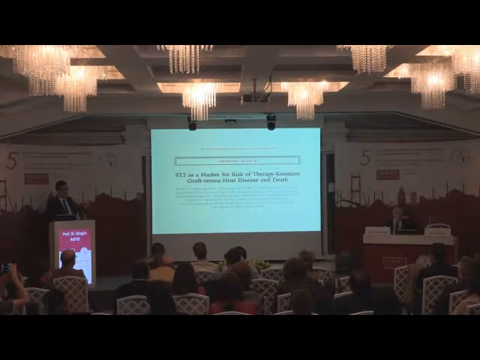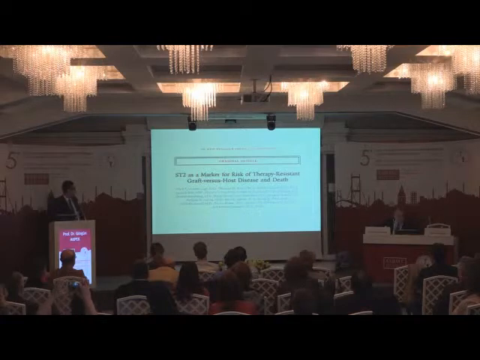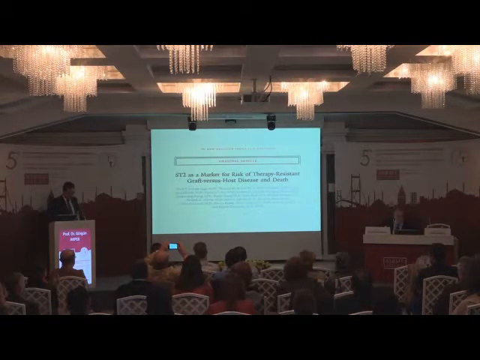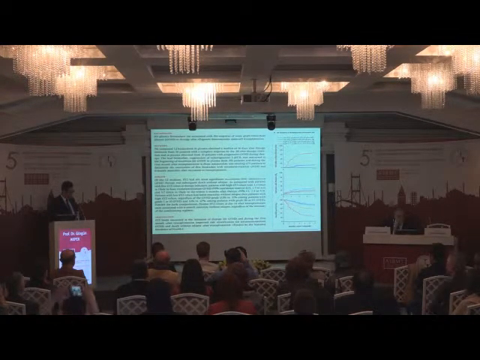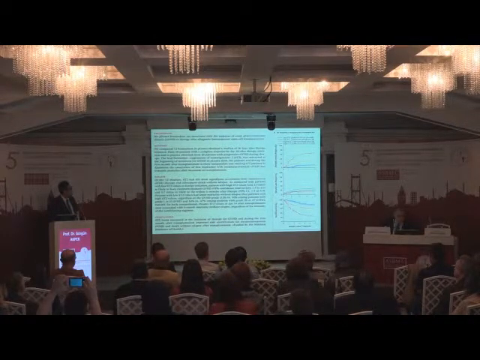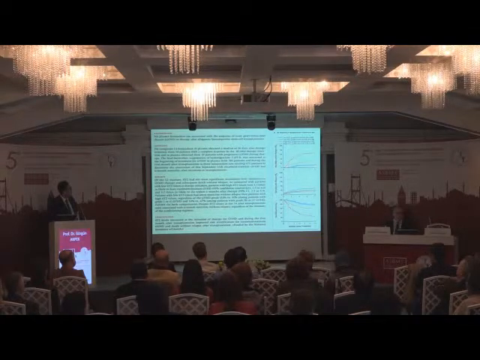And then this was an original paper published in the New England Journal of Medicine, ST2 as a marker for risk of therapy-resistant graft versus host disease and death. In this particular study, if you look at the curves on the right-hand column, the first graph shows you the mortality without relapse over the years.